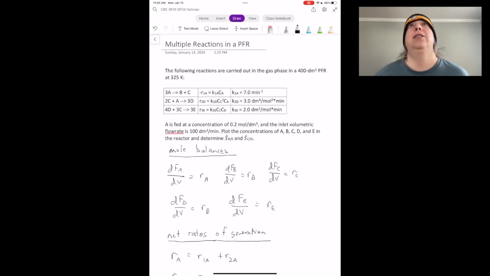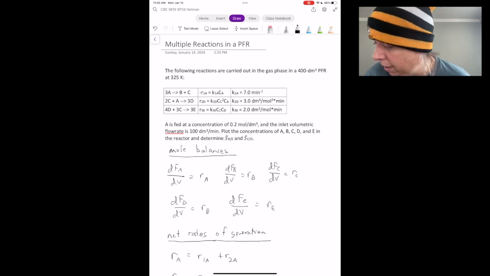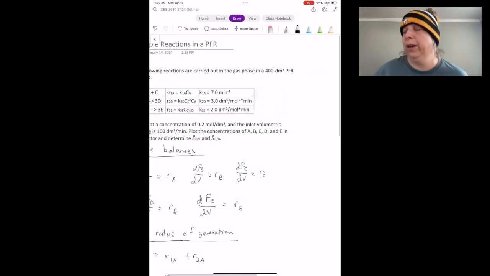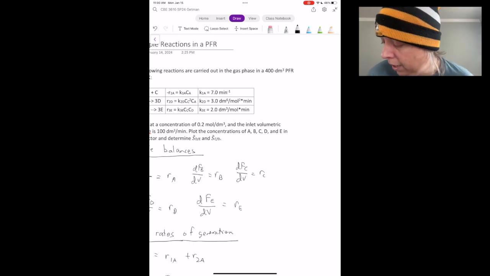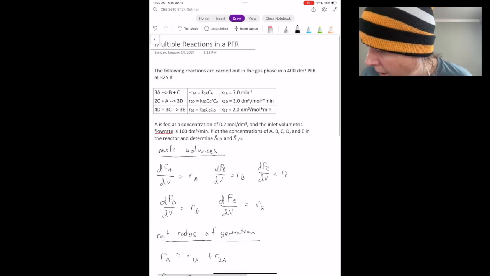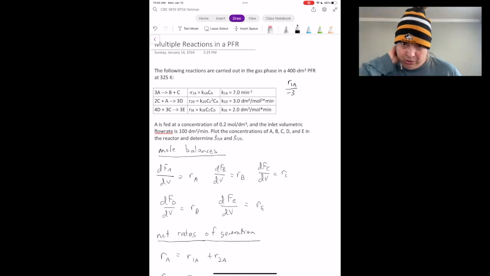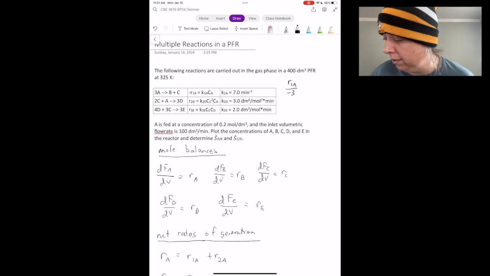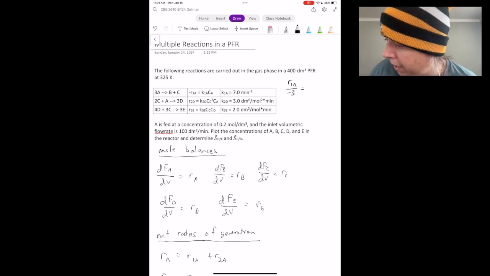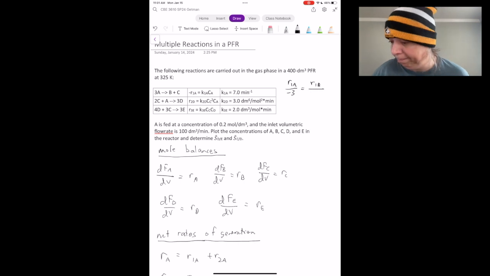which is to take the relative rate for any species divided by its stoichiometric coefficient is equal to the relative rate of another species divided by its stoichiometric coefficient. So for example, in reaction 1, if I want to determine what the relative rate of B is with respect to A, I would say R1A divided by -3, because that's the stoichiometric coefficient on A, and it's negative because it's a reactant species, is equal to R1B divided by 1.